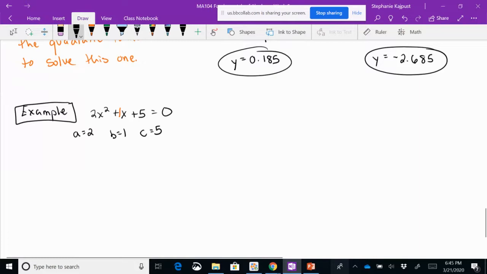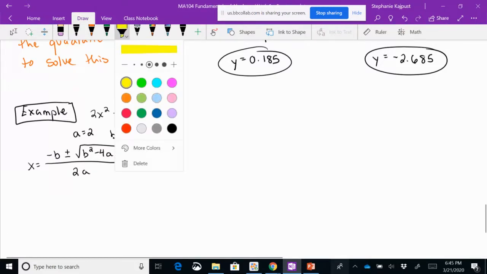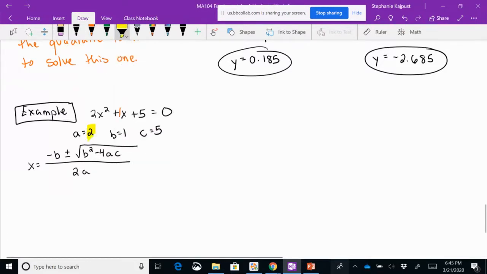So I'm going to set up the quadratic formula. I have x equals -b plus or minus square root of b squared minus 4ac all over 2a. So I'm just going to color code so I can keep track of what I'm plugging in.